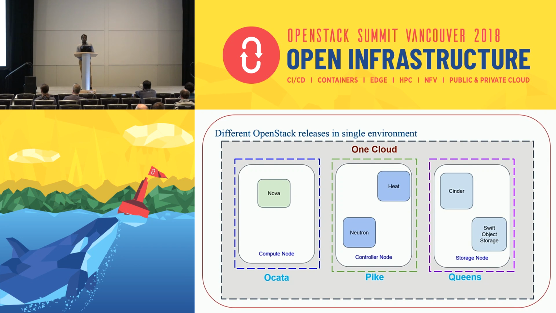And this is one of the very crucial, you can say important, use cases of Kolla. Using Kolla, you can use different OpenStack releases in a single cloud environment. So you have one cloud, and initially you had Ocata there, running the compute node, control node, and the storage node for the Ocata release.